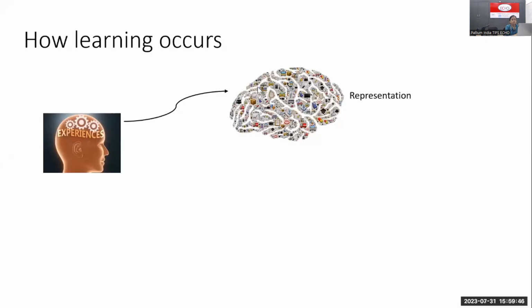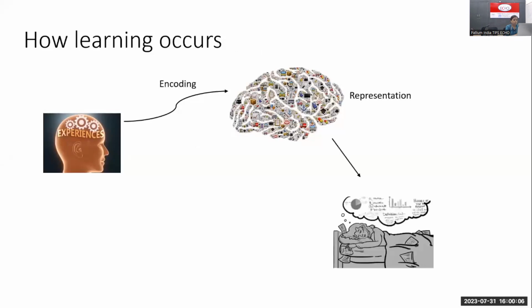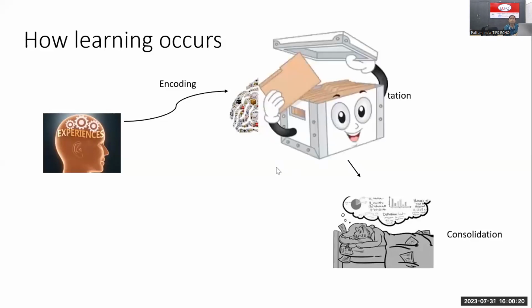And these are called representations in various locations in the brain. And this process where these experiences are located in the brain is called encoding. Now, when these representations are solidified or made more concrete during the act of sleeping, this entire process leads to the storage of information.